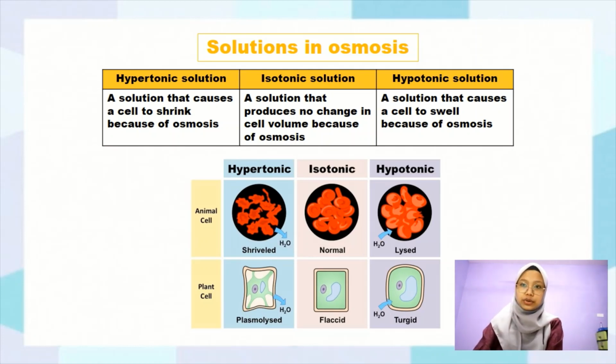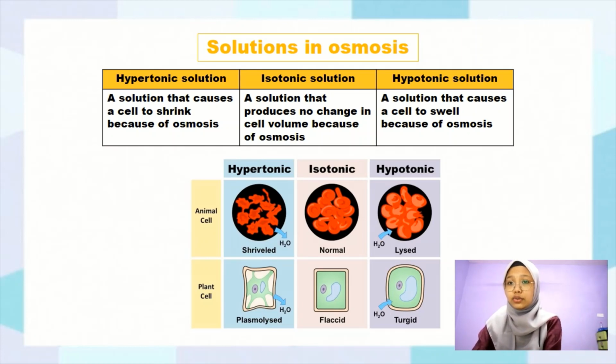And the third one is the hypotonic solution. It is a solution that causes a cell to swell because of osmosis. This solution will cause different effects for animal cells and plant cells.